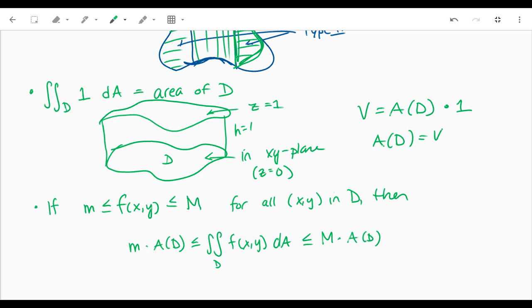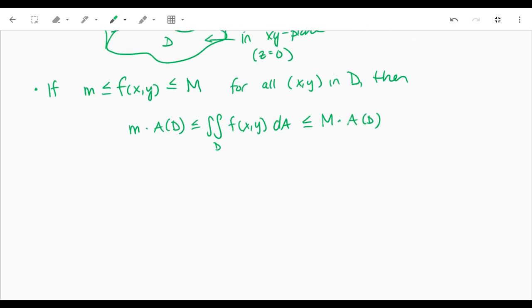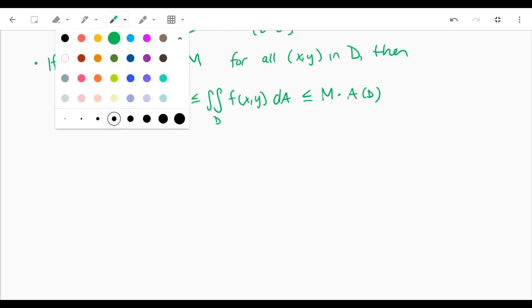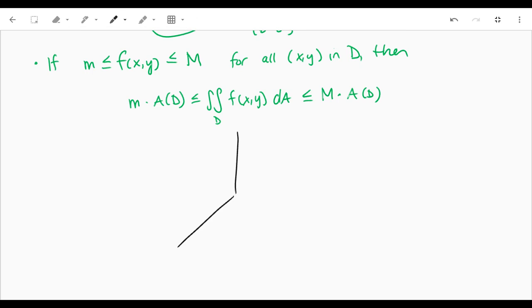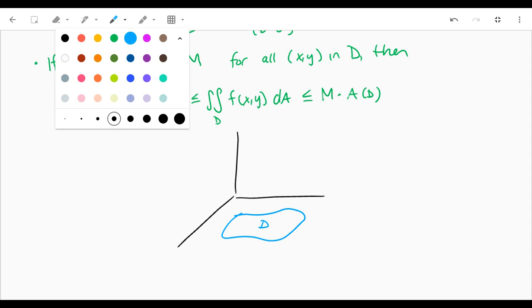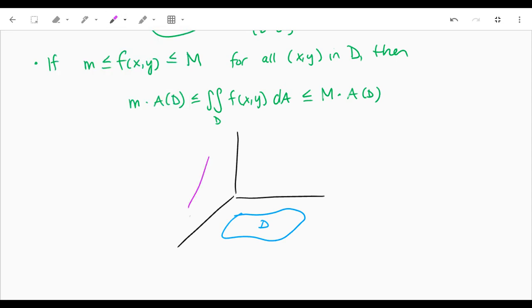Okay, so if we think about this a little bit here, we have some region in the xy plane that we're going to integrate over, and then we've got this function, and we want to integrate it over that region.